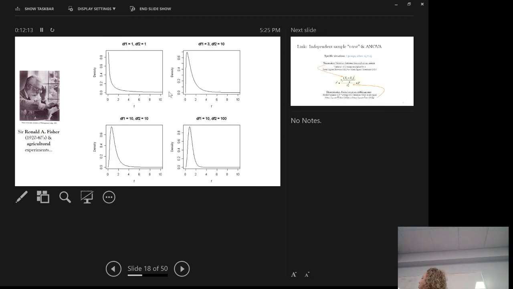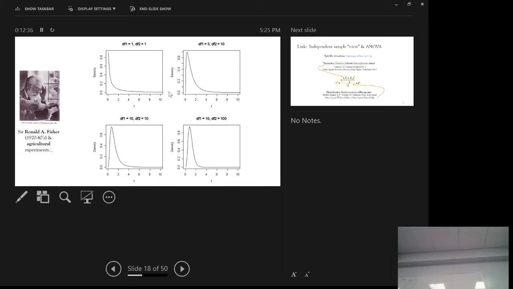This is what the picture of the F distribution looks like. Does that look like our bell curve, our normal curve? Not exactly. This is if our degrees of freedom are 1, 1. Does that look like a normal curve? No. Here's with degrees of freedom 3 and 10. Does that look like a normal curve? Well, coming.